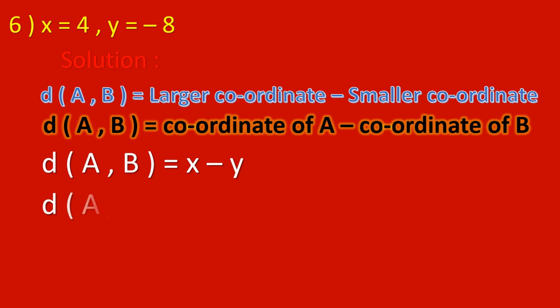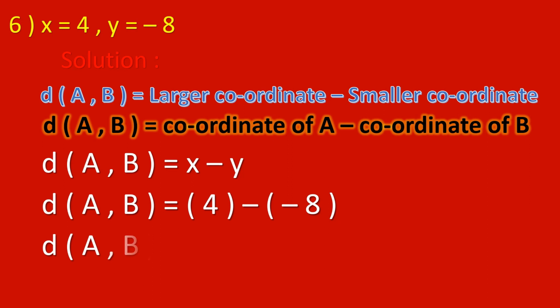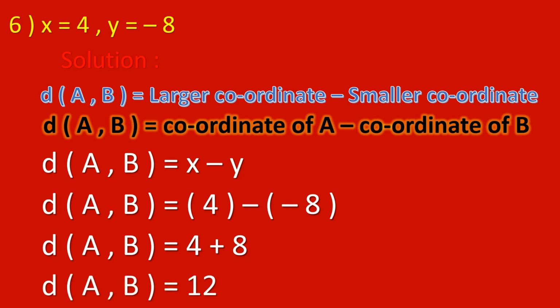Therefore, distance AB is equal to 4 minus of minus 8. Minus minus will become plus, and the next line will be distance of AB is equal to 4 plus 8. 4 plus 8 is 12. Therefore, distance of AB is equal to 12. Question number 2 is over.